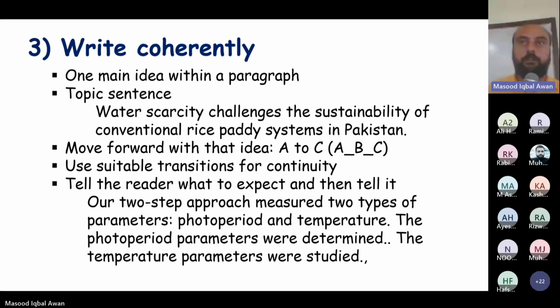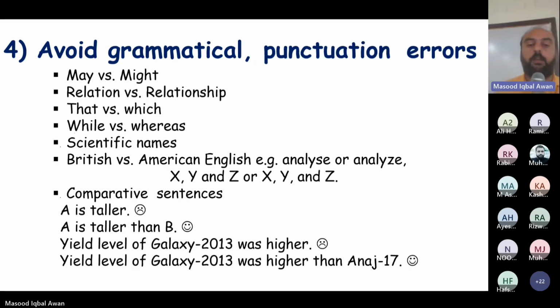Do not wait till the end. So we can write this as: our two-step approach measures two types of parameters: photoperiod and temperature. And since I have mentioned photoperiod first, the next sentence should start with the photoperiod. So that is how we can create coherence between paragraphs.